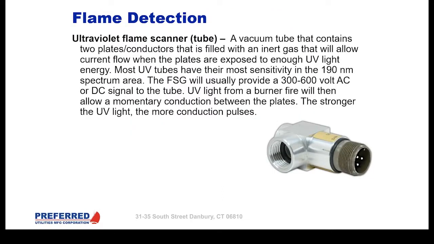When it comes to flame detection, an ultraviolet flame scanner or tube, a lot of people will say it's a vacuum tube. It contains two plates, or conductors, and that tube is filled with an inert gas that allows current flow between the plates when it's exposed to enough UV light energy. Most of them have their sensitivity, as I mentioned before, in the 190 nanometer spectrum range. Most flame safeguards will provide about a 300 to 600 volt AC or DC signal to that tube.